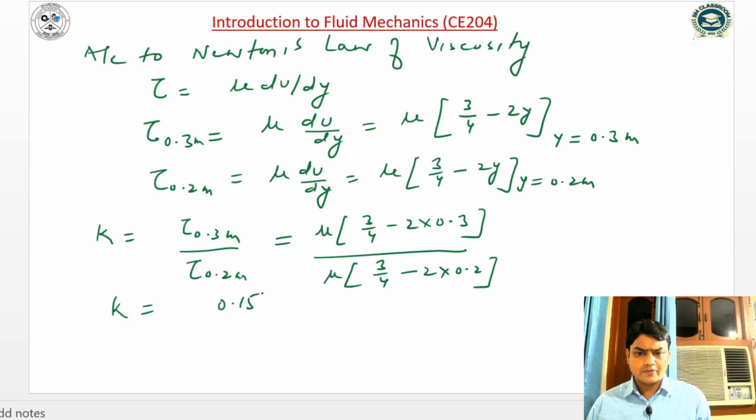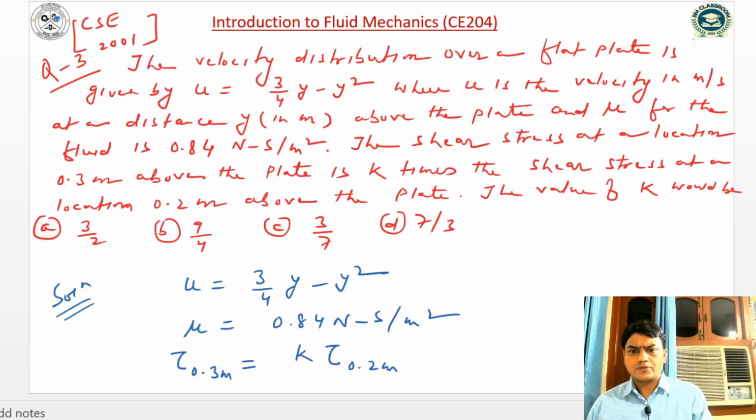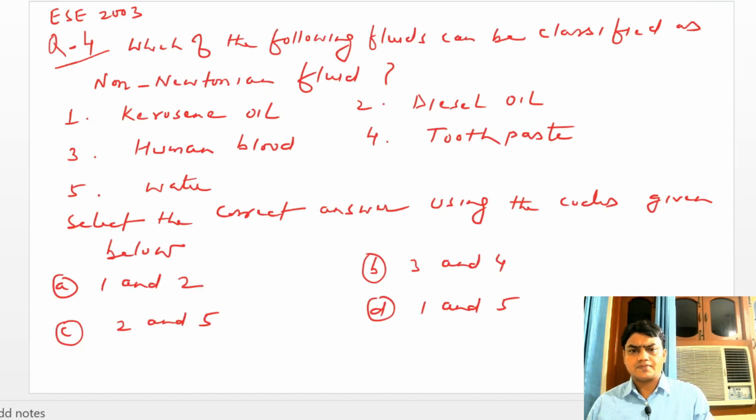So it is 0.15 divided by 0.75 minus 0.4, so it will be 0.35. So the value will be 3 by 7. So if I see the options, C option is correct, 3 by 7.